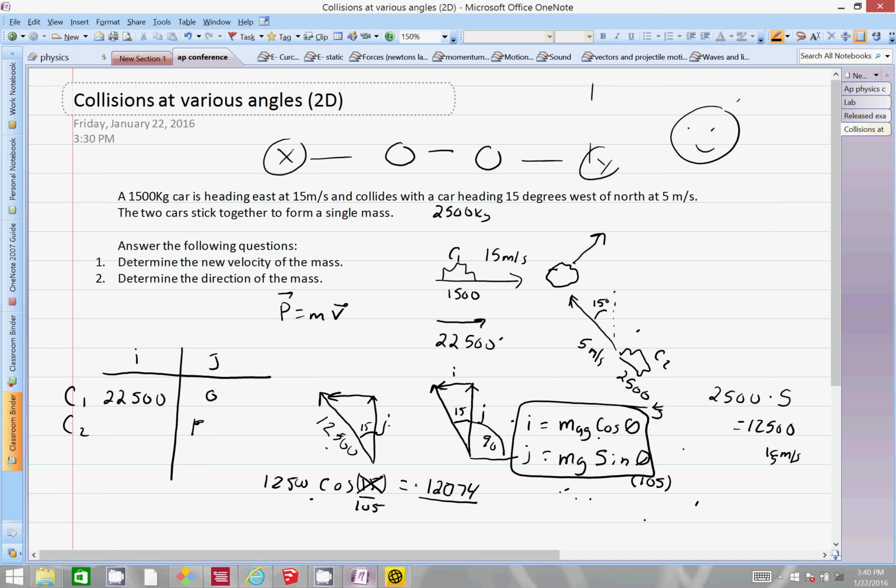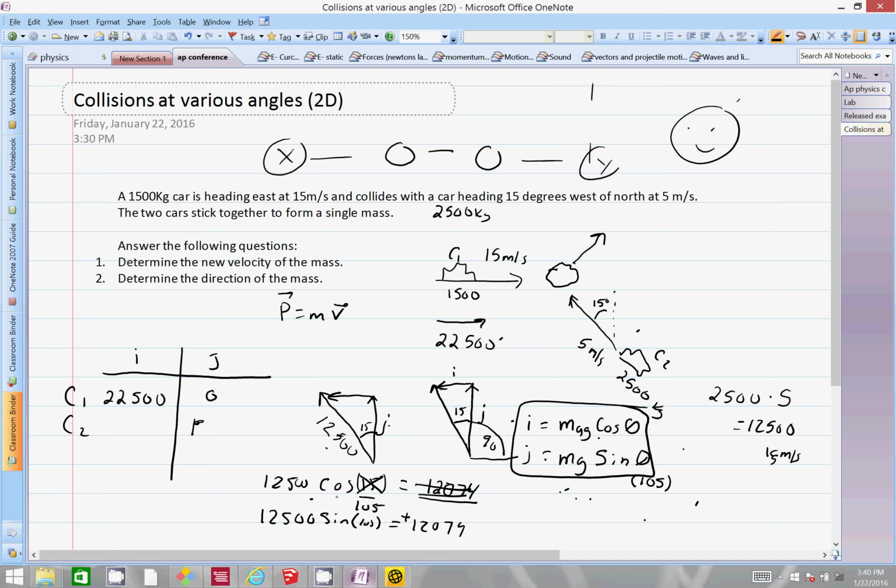This would, of course, be my y component. I'm just going to write that down here. So this is my 1250 times the sine of 105 will give me 12074, and it is positive because it's going up.